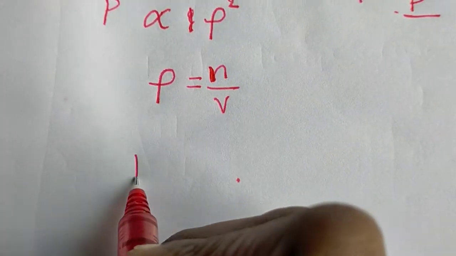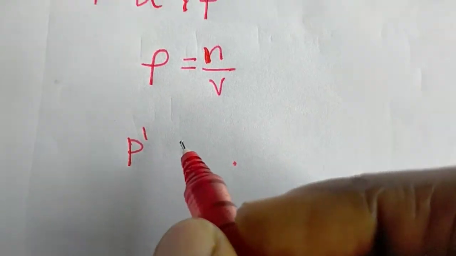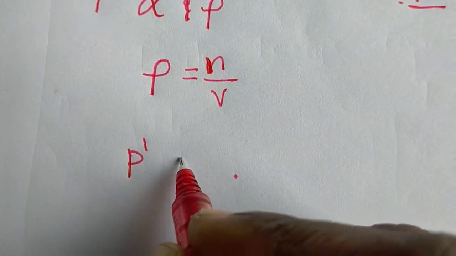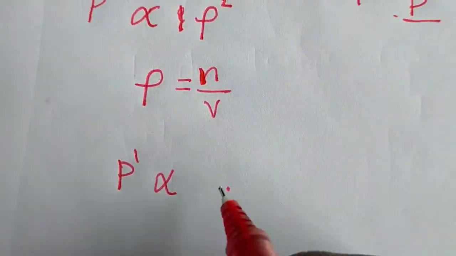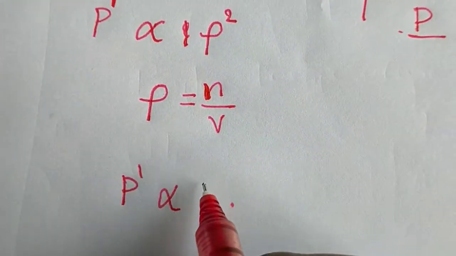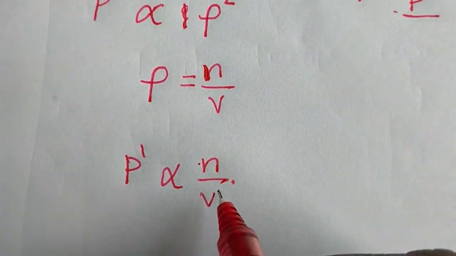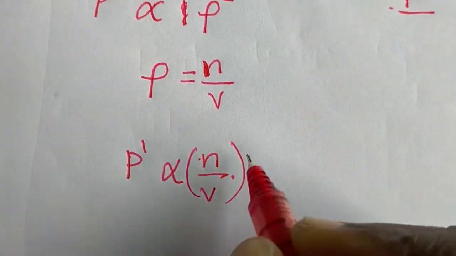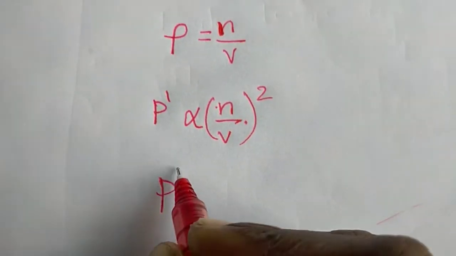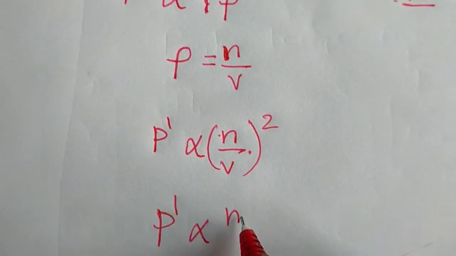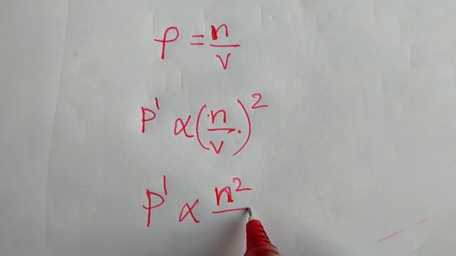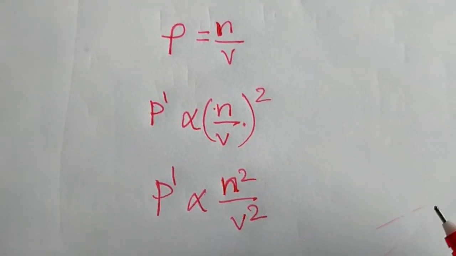So P dash means the P correction, directly proportional to rho square. Rho value is N divided by V, whole square. So P dash is directly proportional to N square divided by V square.